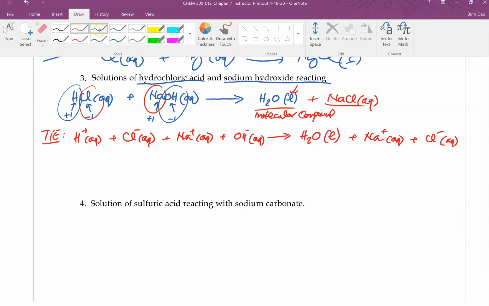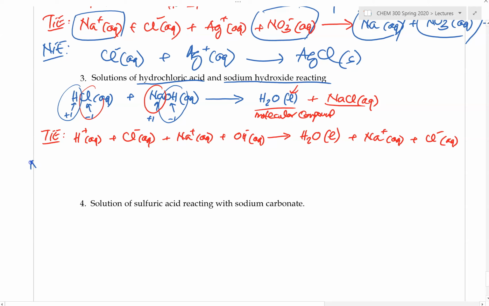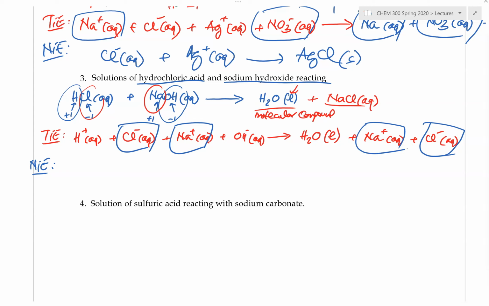And now let's write the NIE. In the NIE again, make sure we remove the spectator ions. So the chloride is one of the spectator ions because it's present on both the reactant and the product side. And the sodium as well. And again, guys, please remember that the charges have to be the same in order for them to be considered spectator ions.